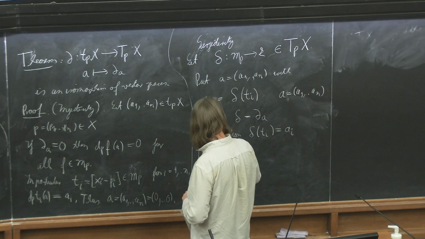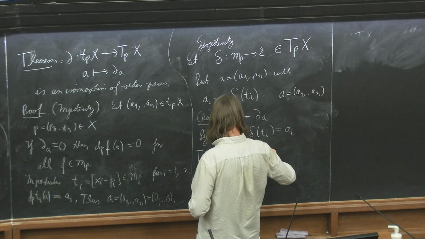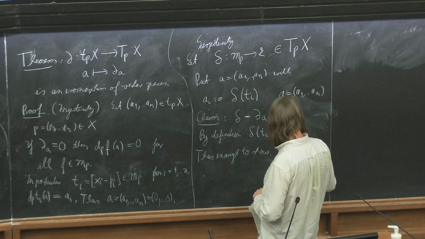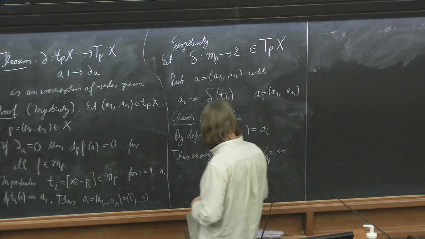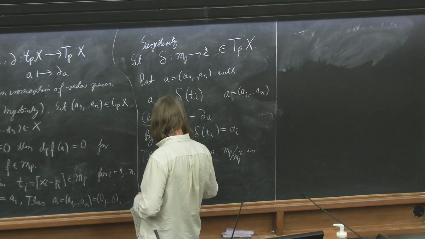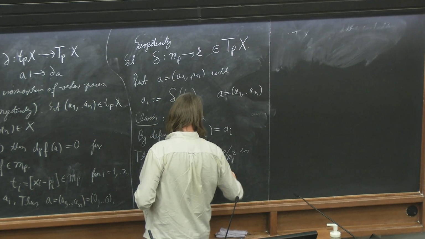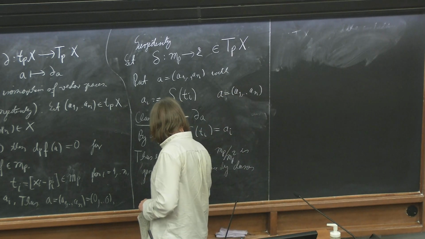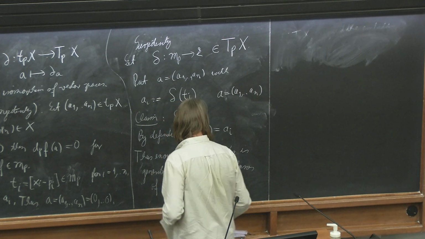So thus it is enough to show that MP modulo MP squared is generated as a vector space by the classes of the Ti mod MP squared.